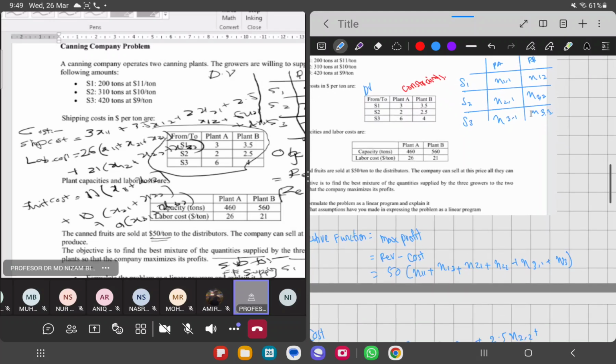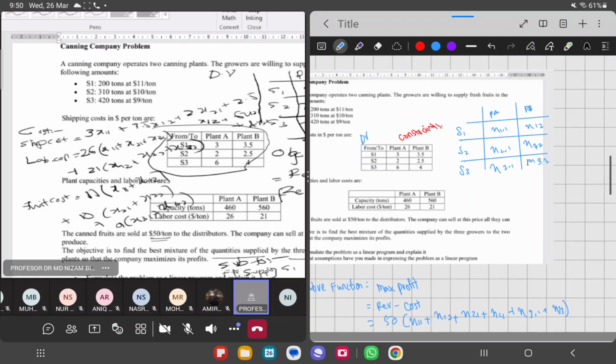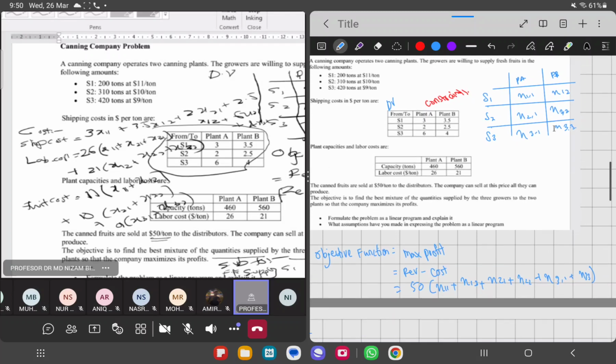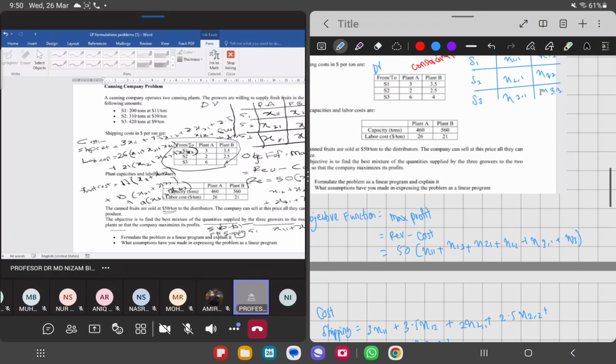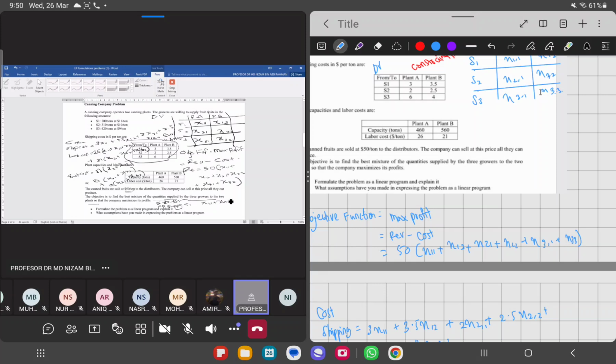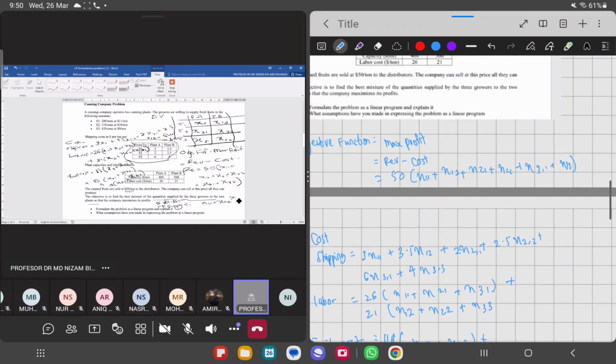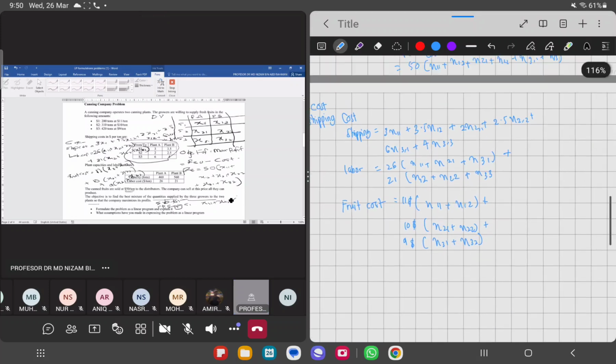If you promise 200 tons and suddenly you can only ship 100 tons, your company is in trouble, because then my canning plant cannot operate. So the assumption you can make is that this is the minimum they can supply. So it should be greater than or equal to 200.